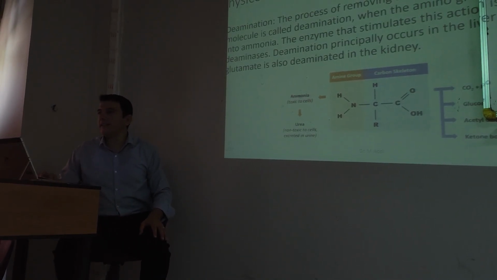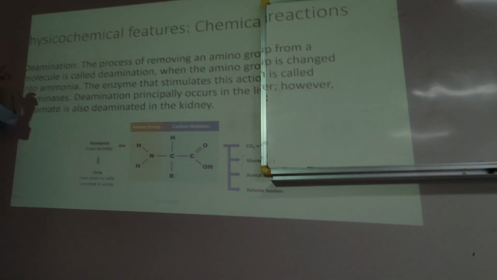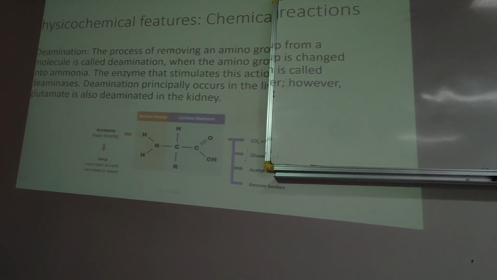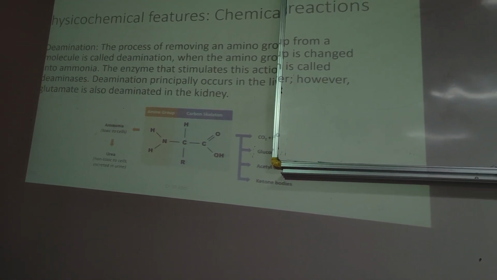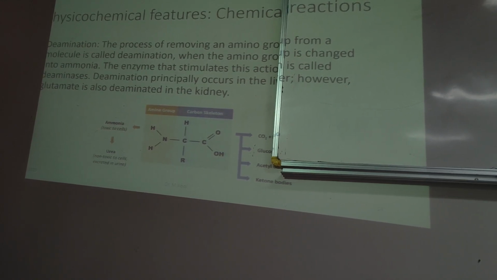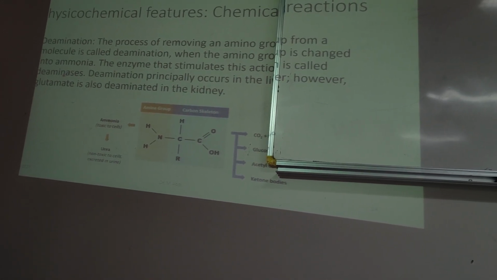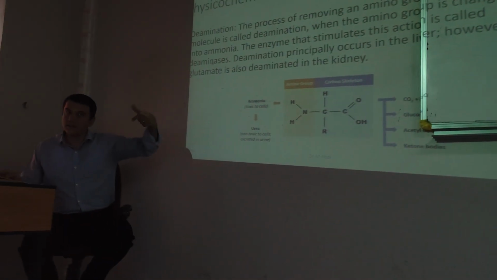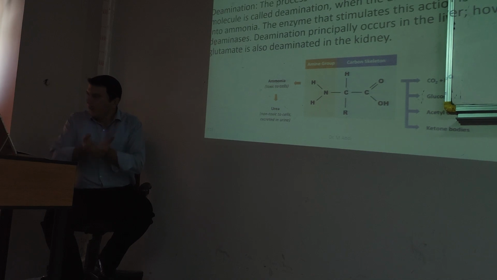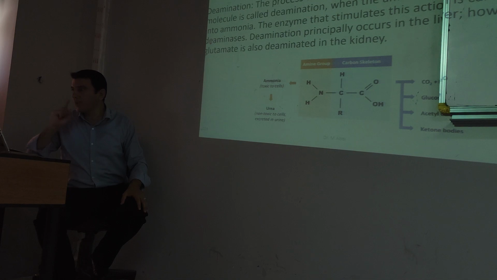Another reaction is deamination. As I said, DE means remove, so this is removal of the amine group. This reaction is catalyzed by an enzyme named deaminase, which means an enzyme which removes the amine group, just the amine group.